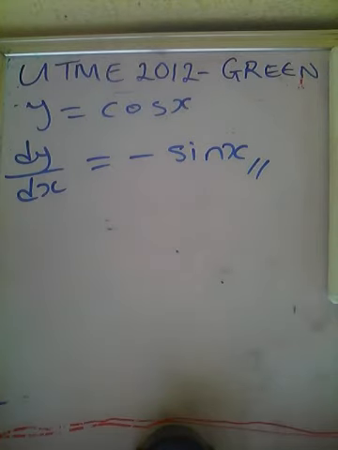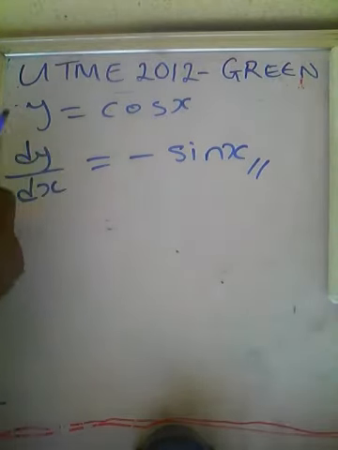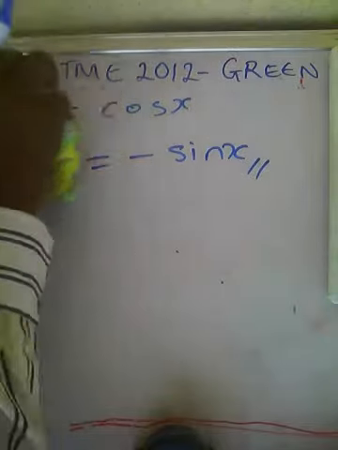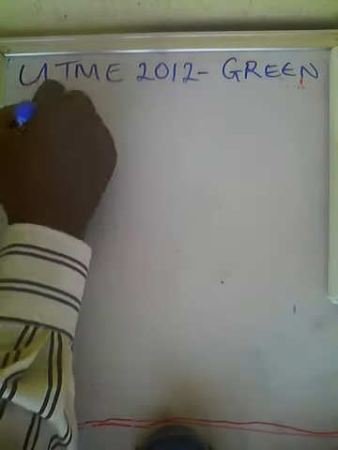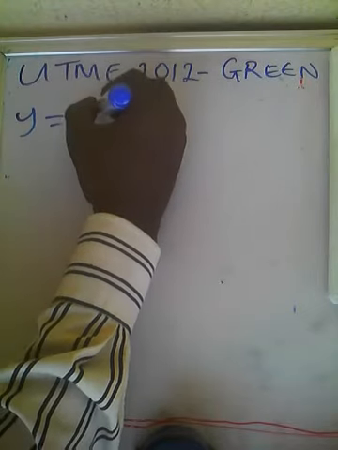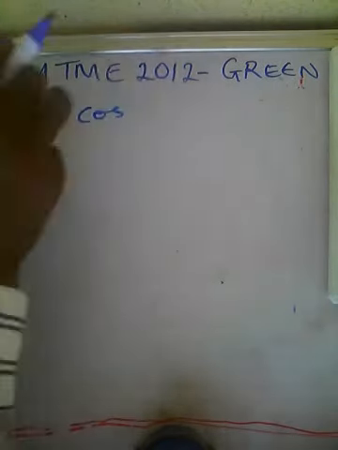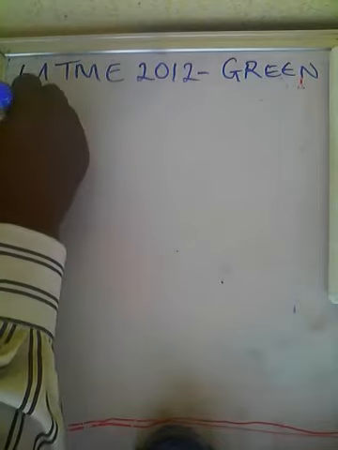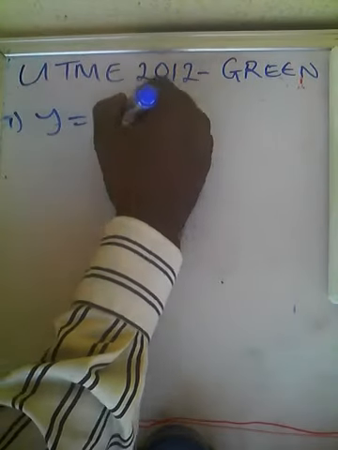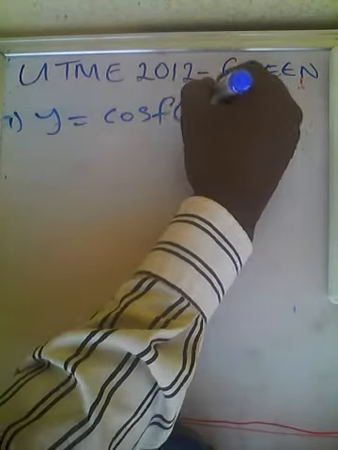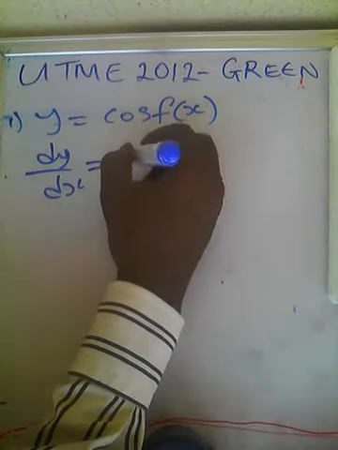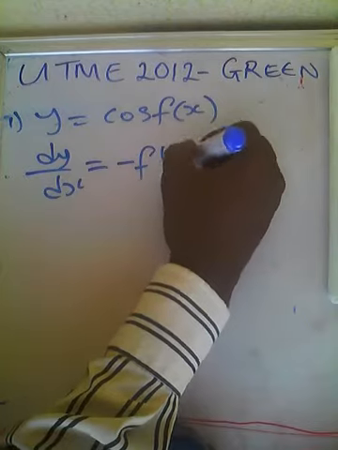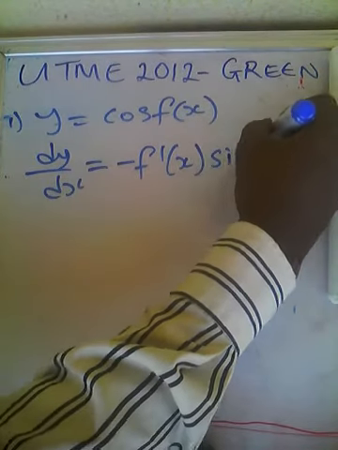Now, let me give you a summary of the derivative of all basic trig functions. If we have y equals cos function of x, our dy/dx will be equal to minus f prime of x sine f of x.